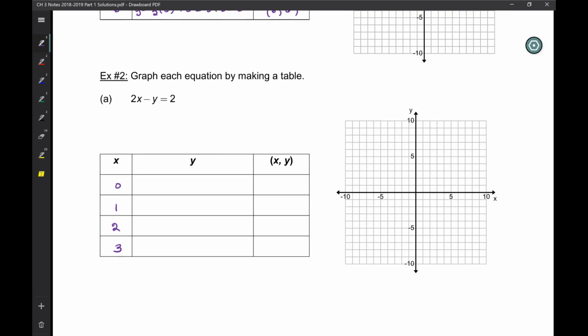So what we're going to do is first solve for y. Okay? How are we going to do that? Minus 2x, minus 2x. So this is negative y equals 2 minus 2x.